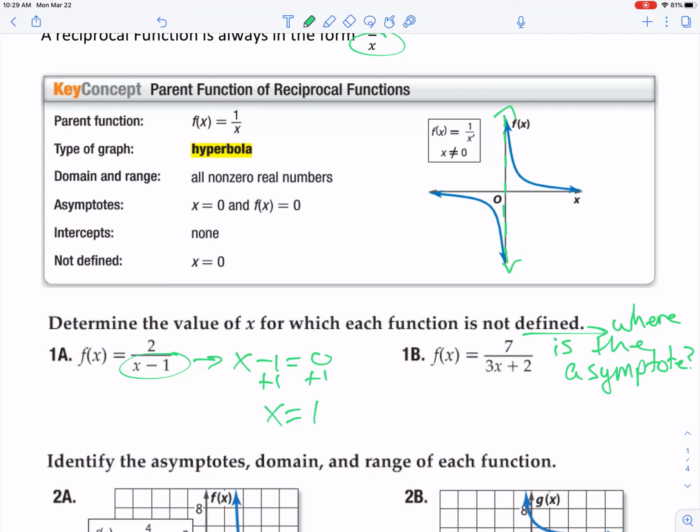Now, technically, x cannot equal 1, but that is where your asymptote would be. So for this one, it's a negative sign. X cannot equal negative 2/3. Okay?